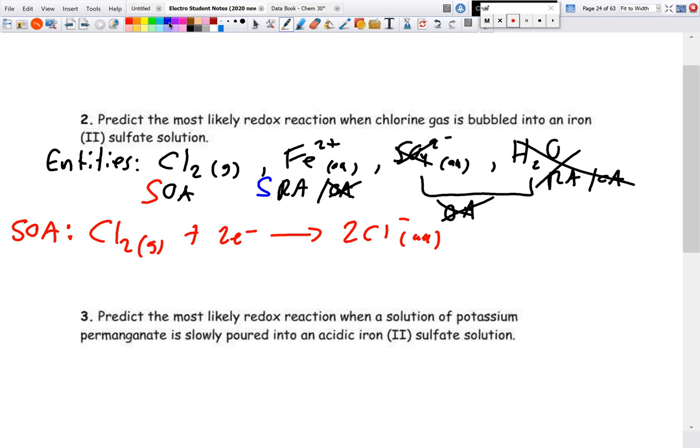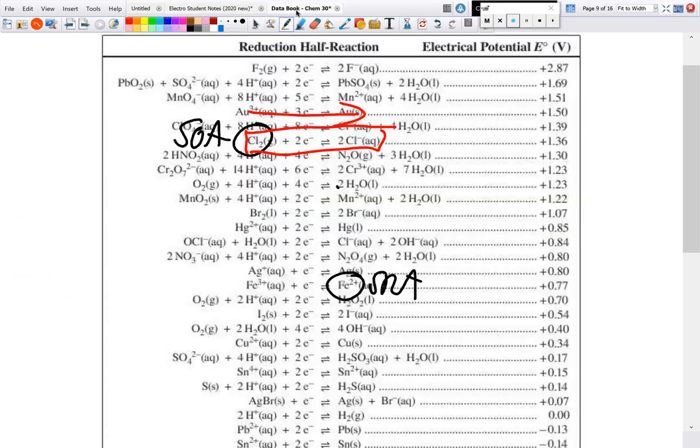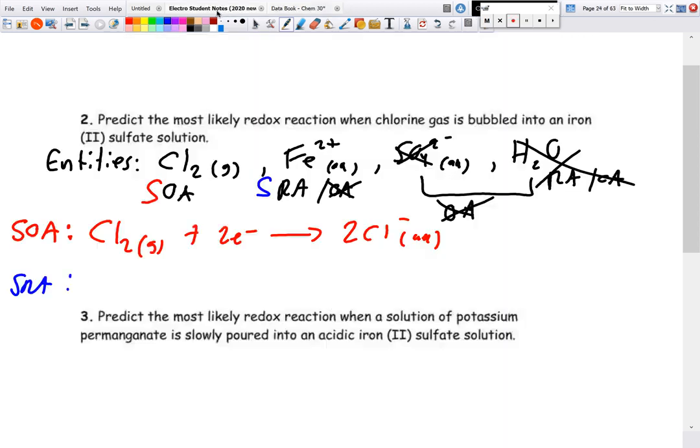Then for our strongest reducing agent, which is our iron half reaction, remember we have to read it backwards, from right to left. So we start with Fe2 plus, producing Fe3 plus, plus an electron.